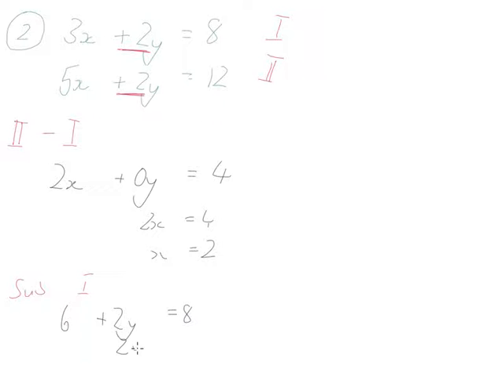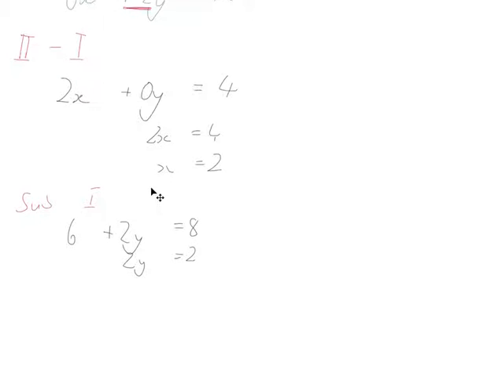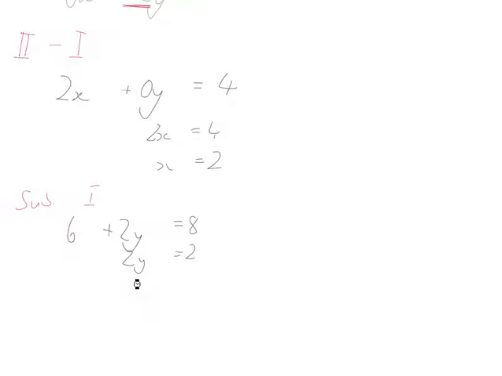So I get 2y is 2, I get y is 1. So my solution then is x is 2, y is 1.